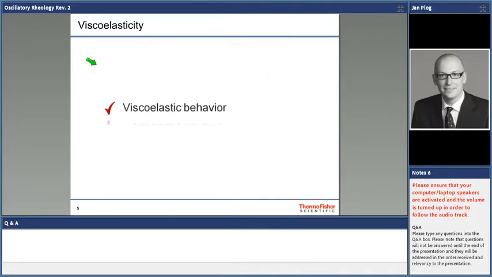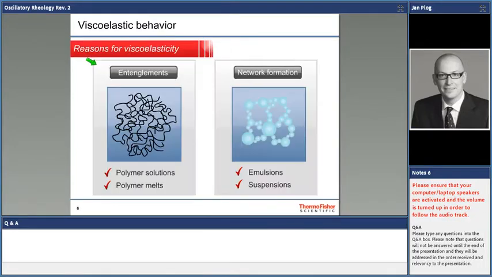Where does this viscoelastic response actually come from in your product? The main reason behind elasticity is structure. It is that easy. As soon as you have a structured fluid, can be a polymer solution or polymer melt, where the structure comes from the entanglements between the single polymer chains, can be some kind of three-dimensional network found in emulsions or suspensions, either being droplet clusters or solid particles held together by van der Waals forces.